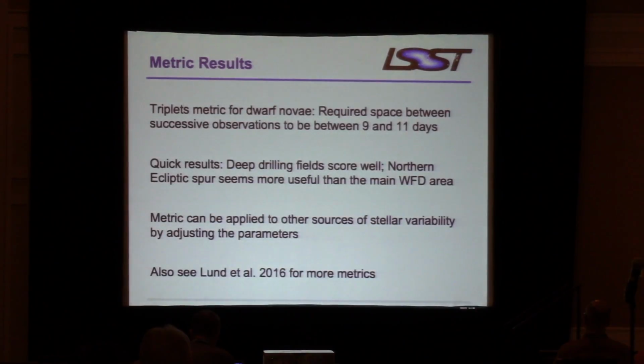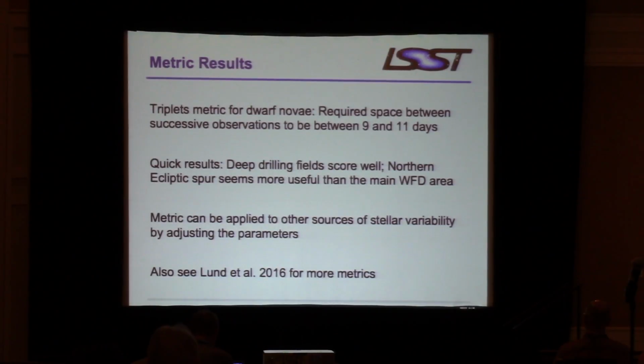In this case, the requirement was that we needed 9 to 11-day intervals between the first and second observation, and between the second and third observation. Those are parameters that can be adjusted for any other source of variability, where this same structure would work, where you're looking just for the fact that it's changed in brightness somehow.